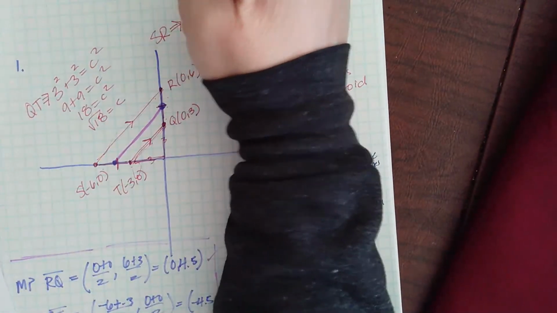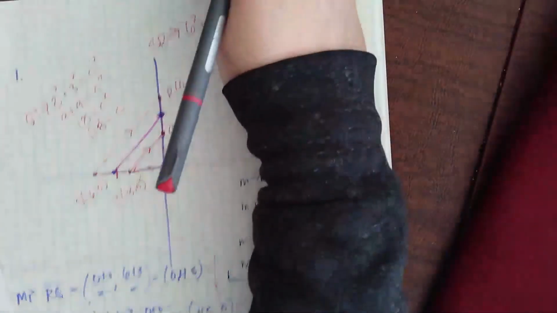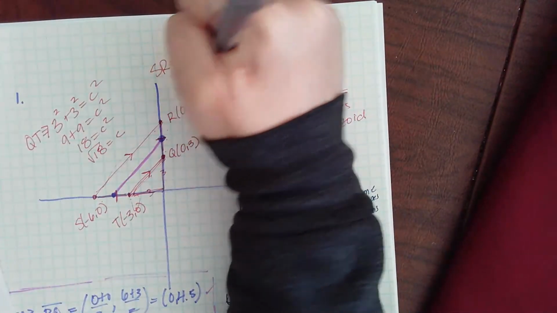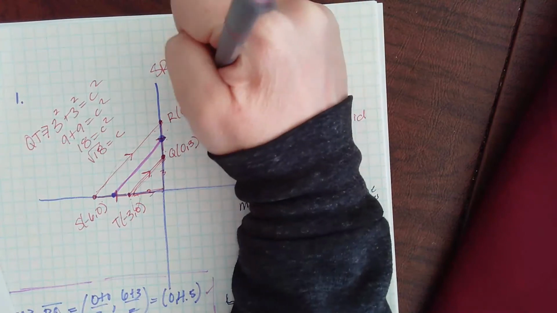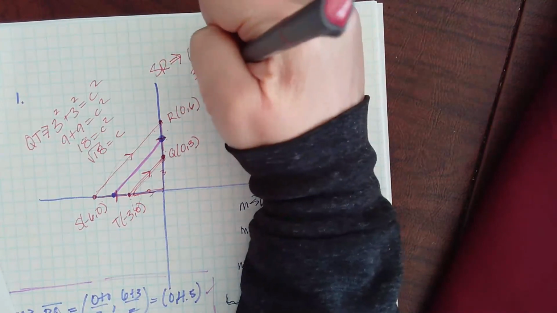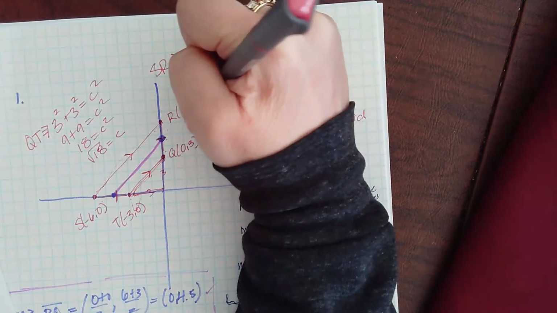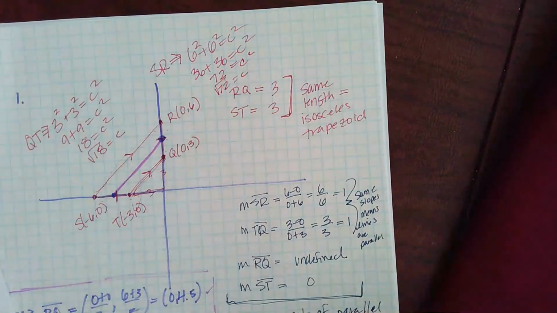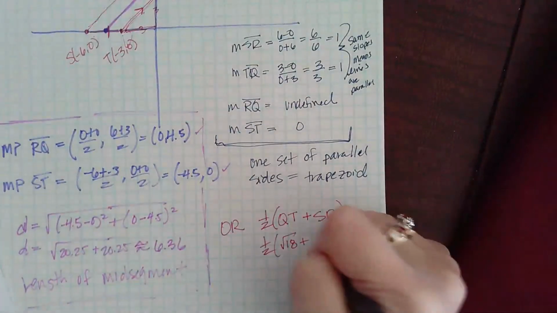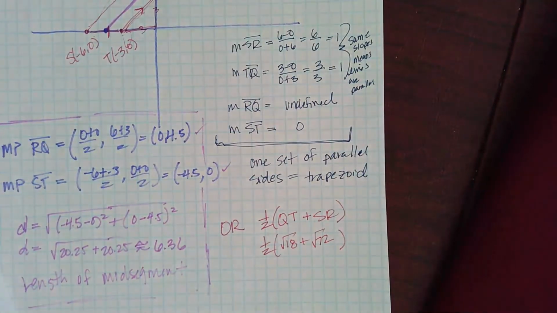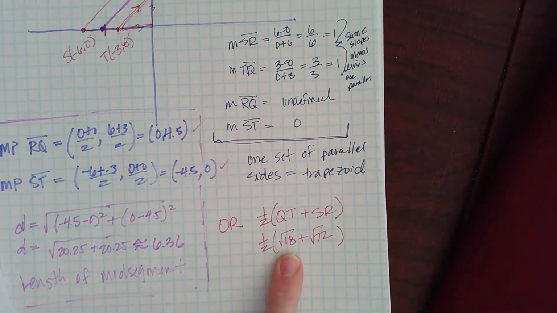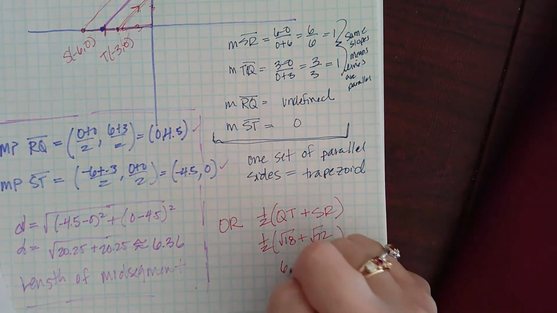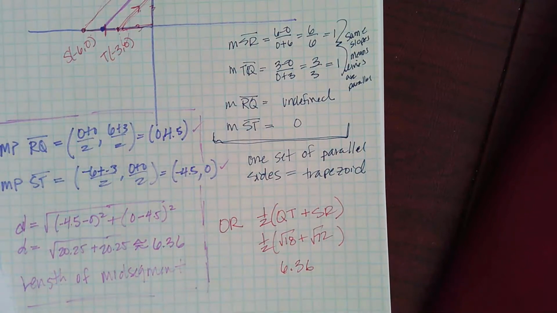So 36 plus 36 equals c squared. That's 72, which makes the square root of 72 as our c value, or in other words, this SR. Then you'd grab your calculator, do the square root of 18 plus the square root of 72, add them up, divide by 2, and you get approximately 6.36.